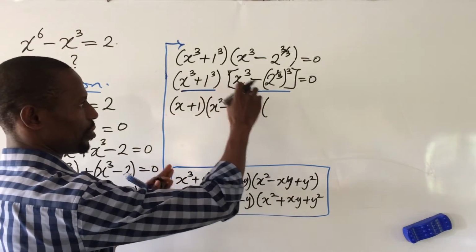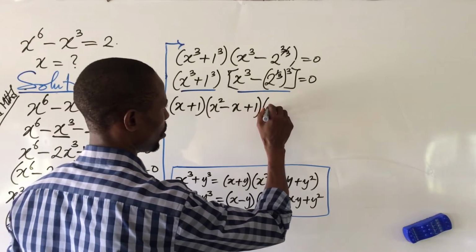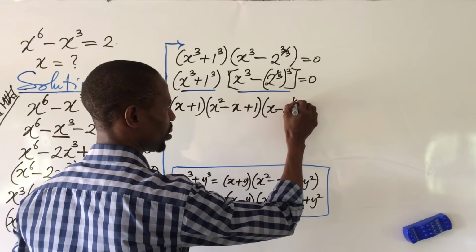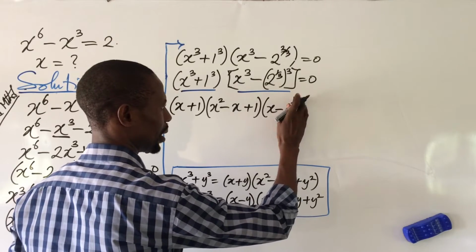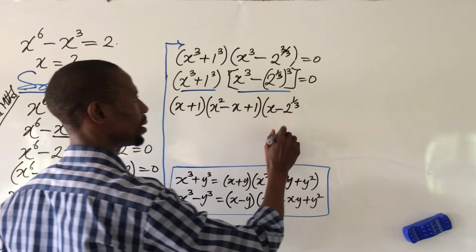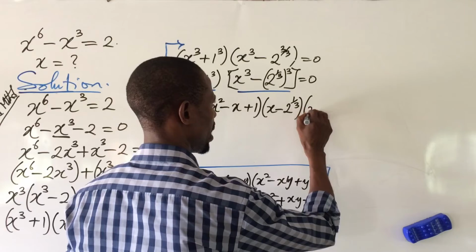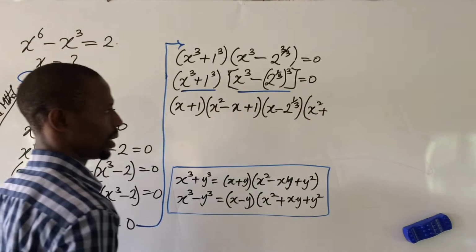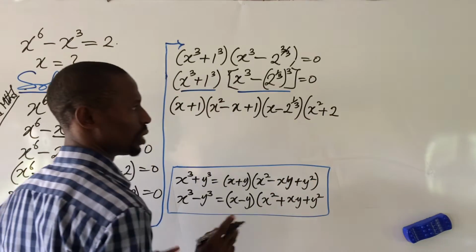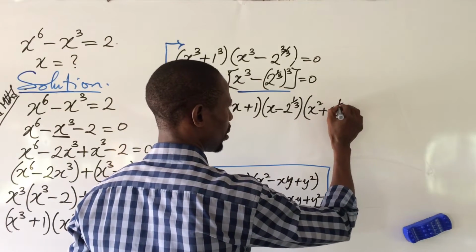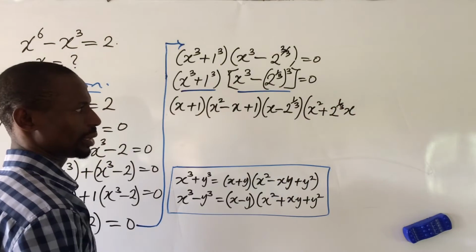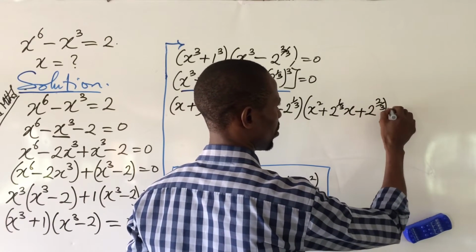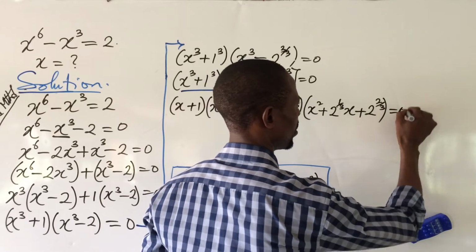On this other side, we're going to have x minus 2 to the power of 1 all over 3, bracket x squared plus 2 to the power of 1 all over 3 x plus 2 to the power of 2 all over 3, close bracket, all equal to 0.